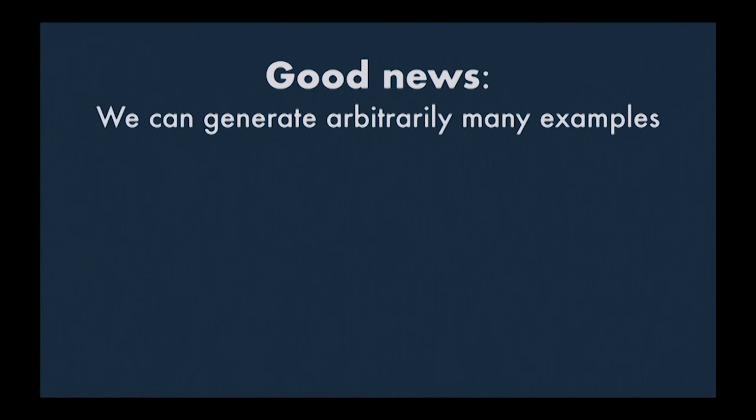Well, it turns out that we are in a very fortunate position of being able to generate arbitrarily many such examples. Why is that? That's because we have access to all of this open source code that's sitting on GitHub and elsewhere.